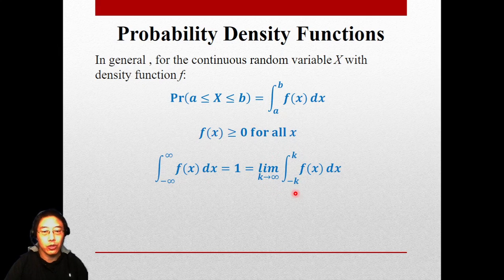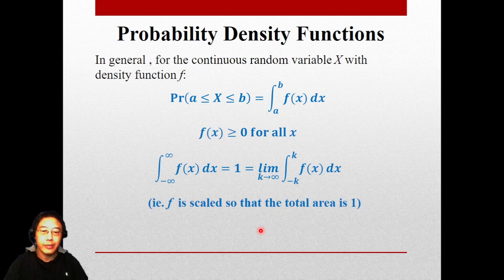That's another way to solve it. What it means is f is scaled so that the total area is 1. It's something to keep in mind, as later on we'll talk about normalization.